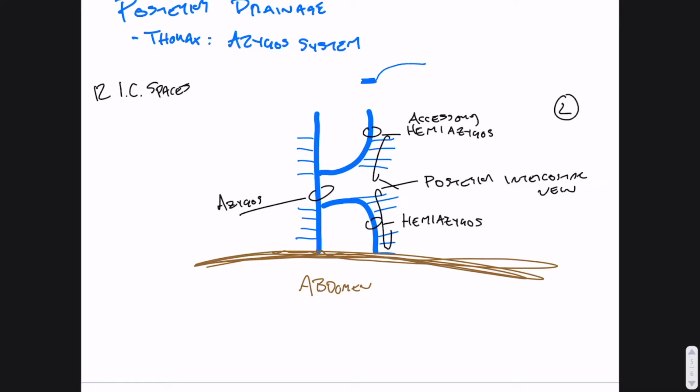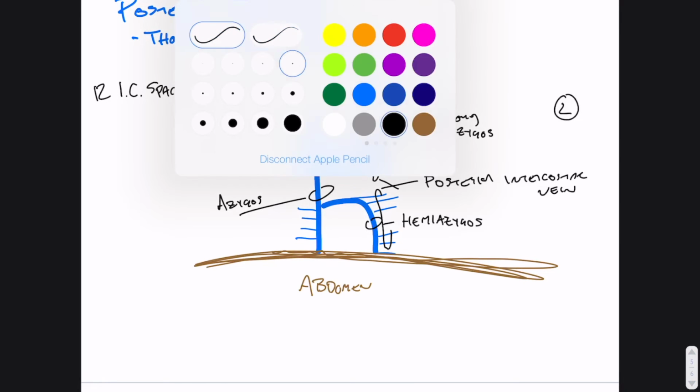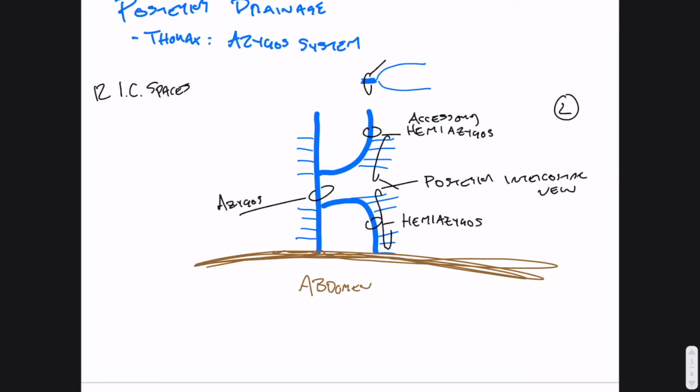And then it has these 2 posterior intercostal veins draining into it. But this nub that we have up here, this is called the left superior intercostal vein. It has these 2 posterior intercostal veins going into it, and it creates a left superior intercostal vein.